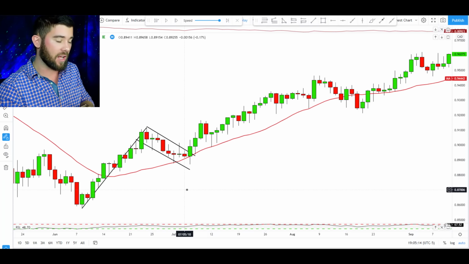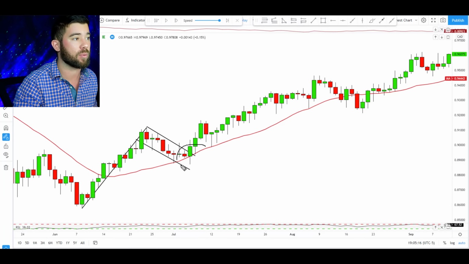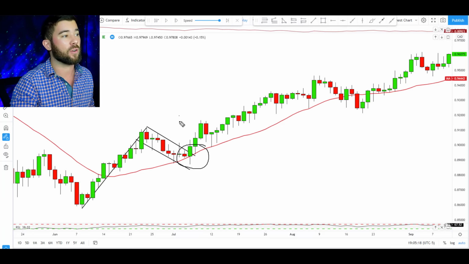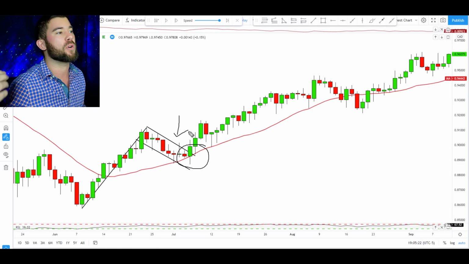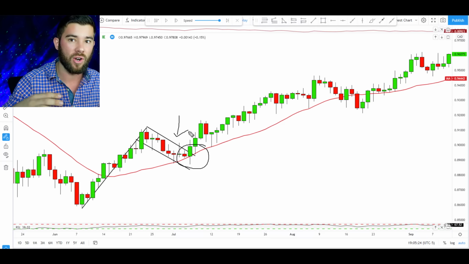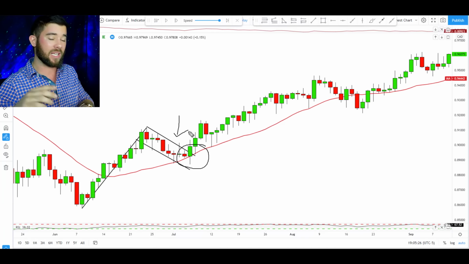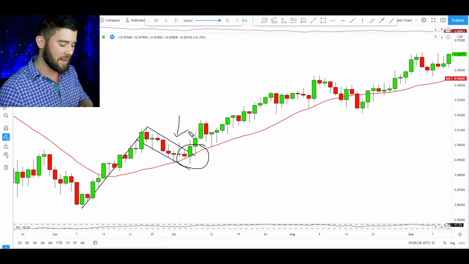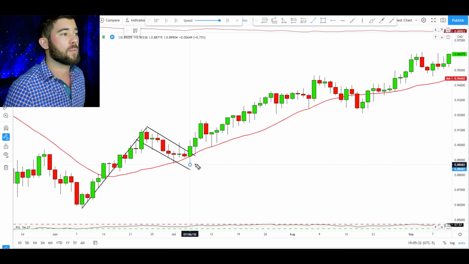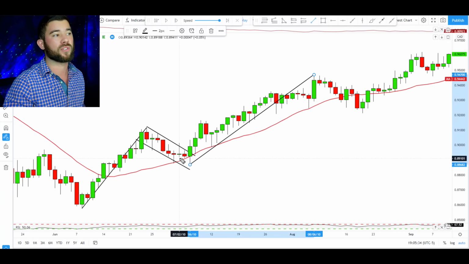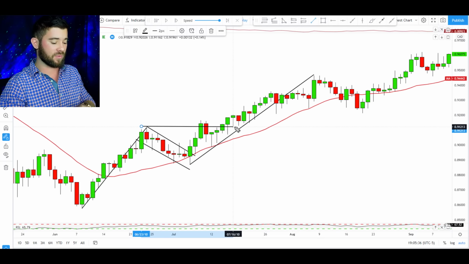After that period of consolidation, we get what is known as a breakout candle. This breakout candle breaks the top trend line of that period of consolidation, and this is when most traders decide to enter on a flag pattern trade. I'm going to give you some specific rules in just a second, but let's take a look at one more example. We have another situation here where the market's continuing in trend. We make an impulsive move that breaks above previous resistance.